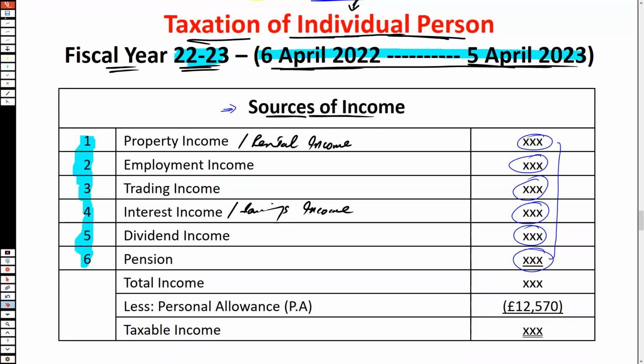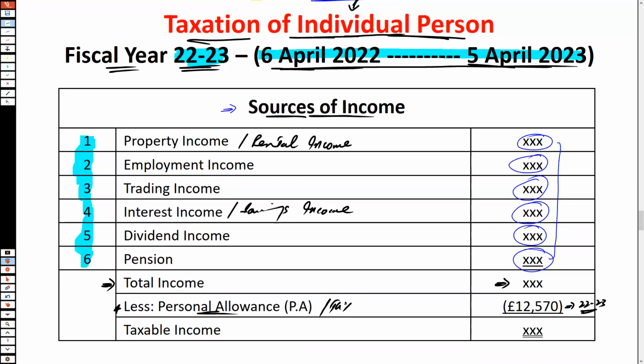Thereafter, total income is calculated. From this total income, we can deduct the amount of personal allowance, and this personal allowance amount is fixed for the fiscal year 22-23 at 12570 pounds.